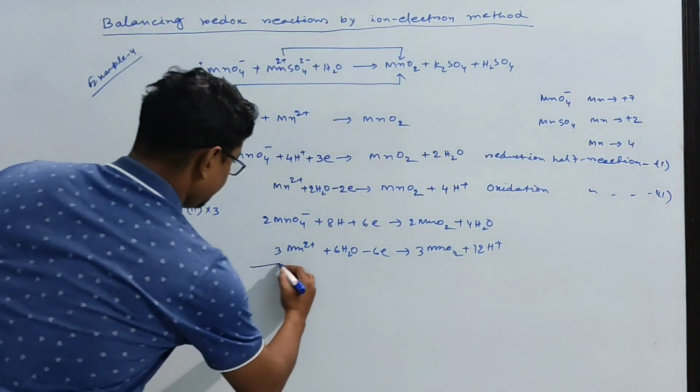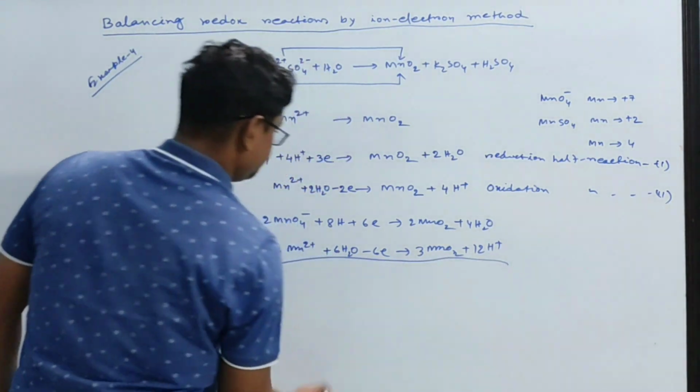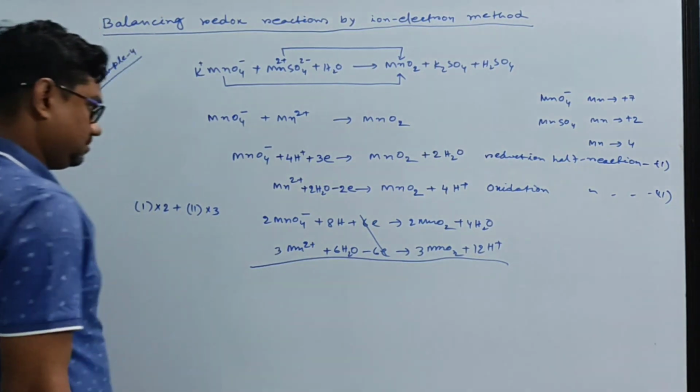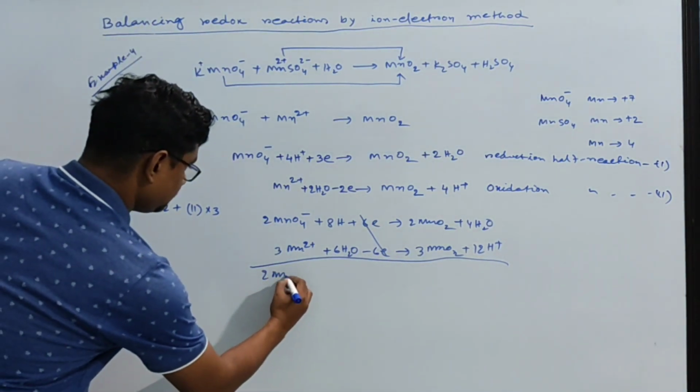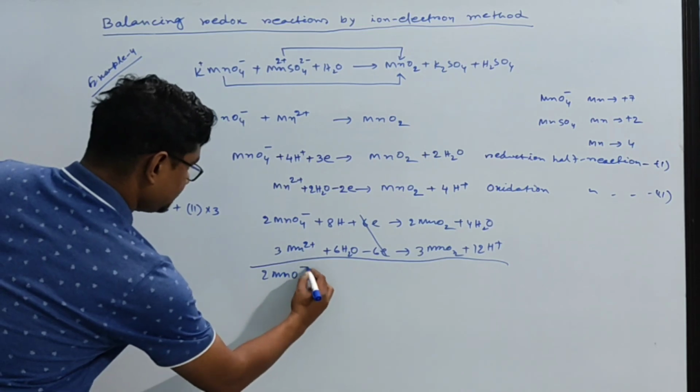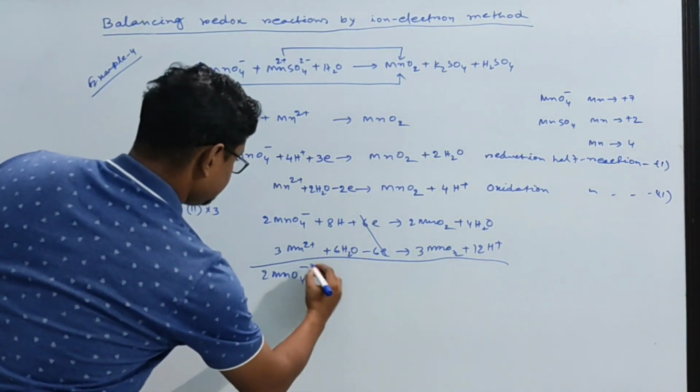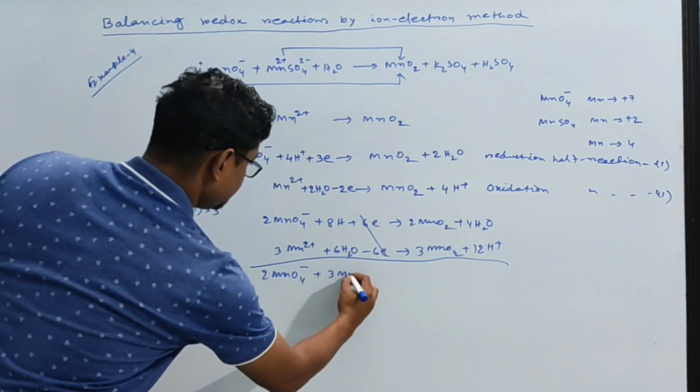Okay, now add them. The electrons will cancel out, so it will give 2 MnO4 minus plus 3 Mn2 plus.